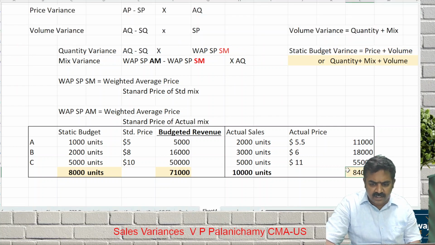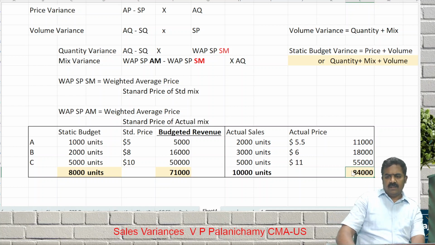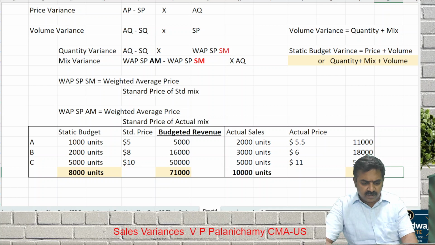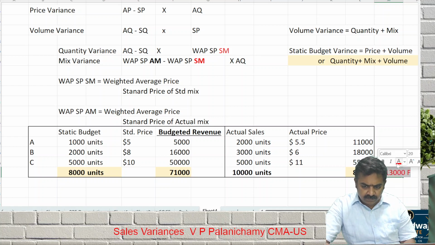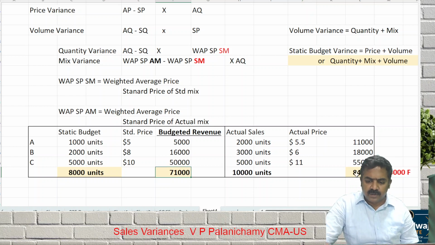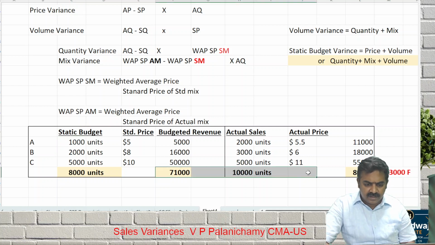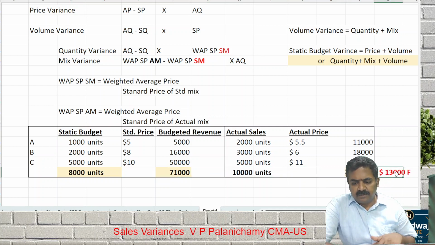We can find that the budgeted revenue and actual revenue are different. We budgeted sales of 71,000. Actual sales is 84,000. So we've got a sales variance of $13,000 favorable.